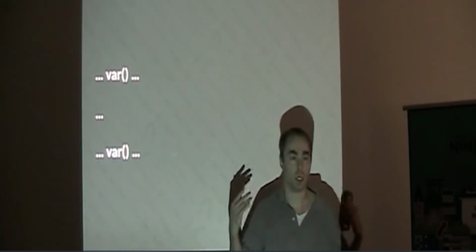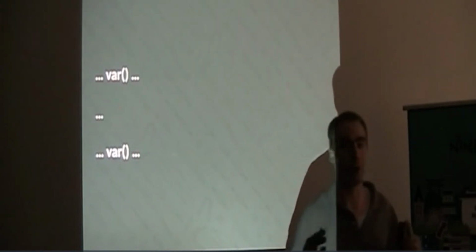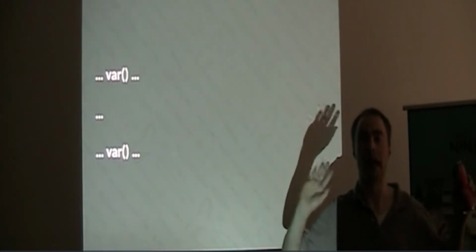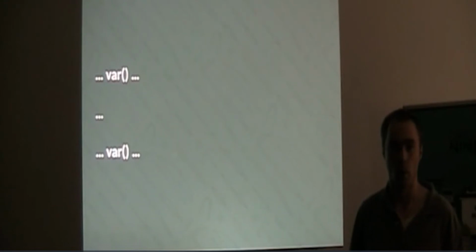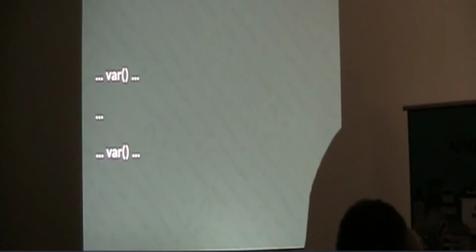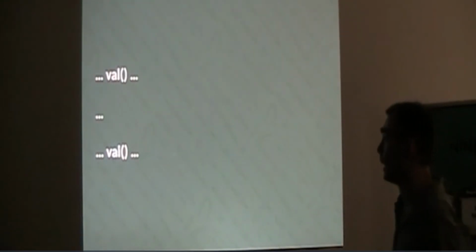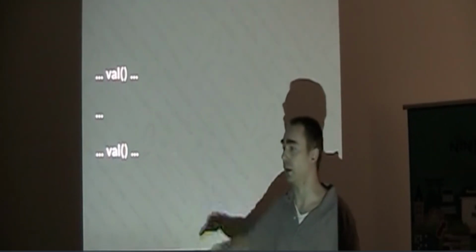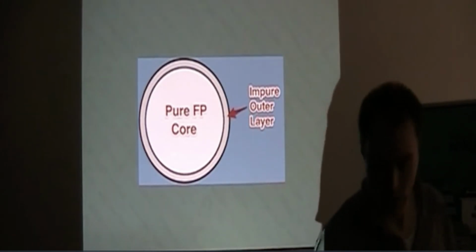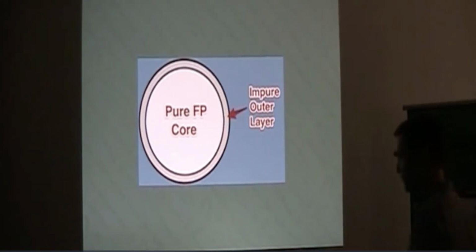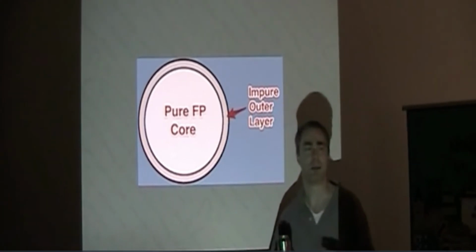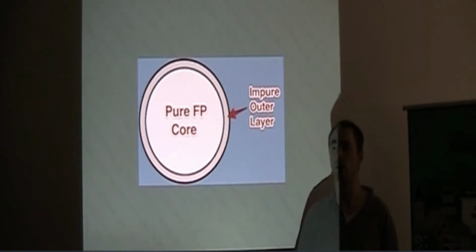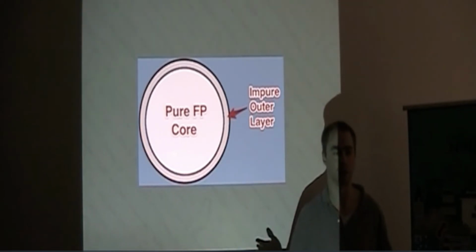That is why using variables is fundamentally outside the world of functional programming. In contrast, you can save intermediate results to values and then use them.